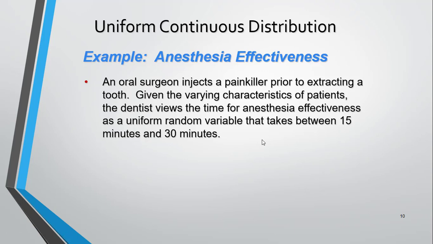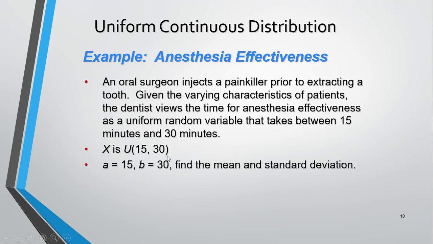But the time anyone takes to be numbed is a random variable, and it can only be between 15 and 30 minutes. Nobody takes less than 15 minutes to be numbed, and nobody takes more than 30 minutes. So for this variable x, it's U1530, uniform distribution between 15 and 30. A is 15 and B is 30.